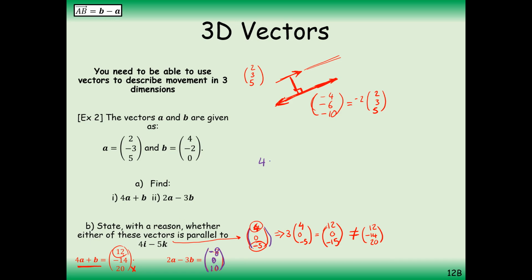So let's see if 4, 0, and -5 multiplied by -2 will give us that vector. Yes, I'll get -8 first, and then 0, and a +10. Is this vector the same as the vector we have down here? Yes, they are. So therefore, they are parallel vectors to each other. This one is parallel, and the other one is not. Alright, so let's look at another example.